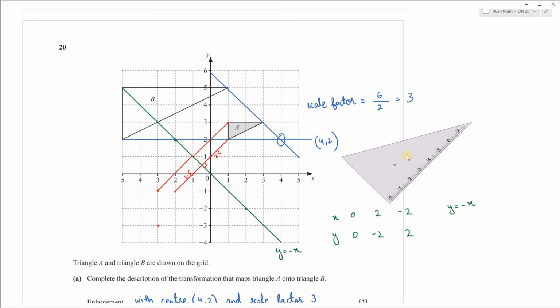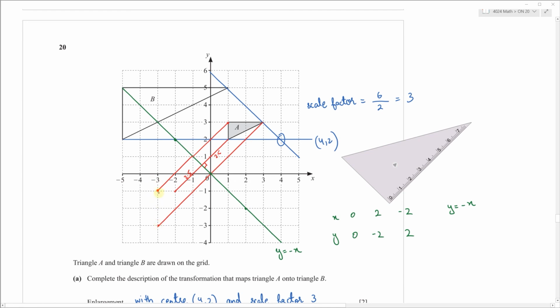So if I join them with a straight line like this, this distance is equal to this distance, and this angle is 90 degrees as well. Let me clear those. Now my three vertices are these.